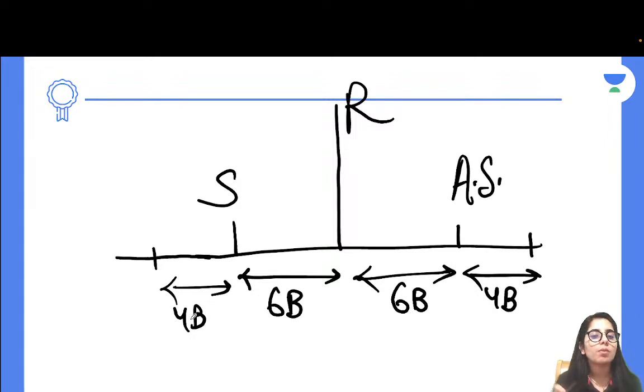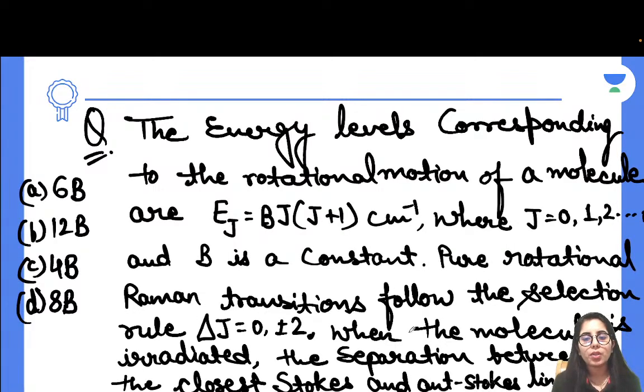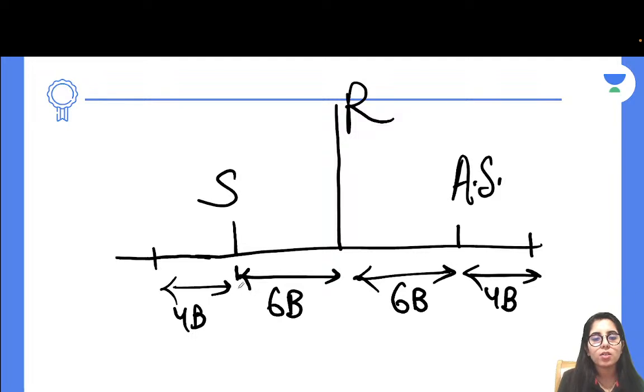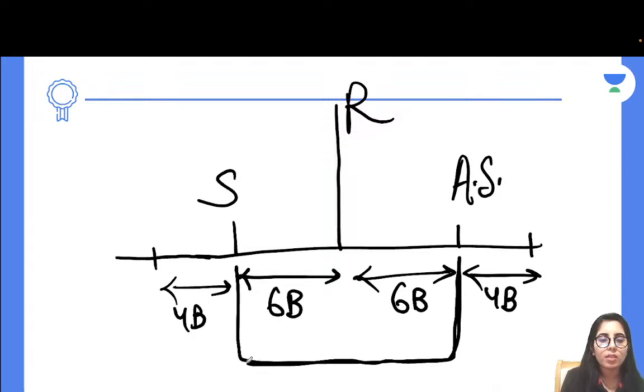Its value will be in terms of moment of inertia, which is in the denominator, but there is a complete expression. So what is the question? The question asks you to consider the separation between the closest Stokes and anti-Stokes line. So basically this is the Stokes and this is the anti-Stokes. What is the separation between these two?